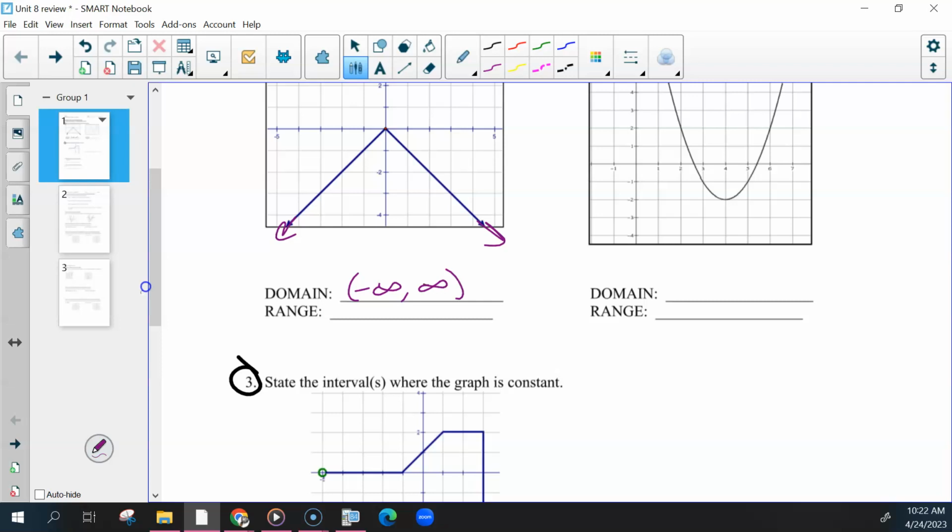And you could do either notation, your interval notation or your set notation. So you don't have to write both. It may say use one type of notation or the other, so just know how to write both. Range, lowest to highest. What is your lowest point?